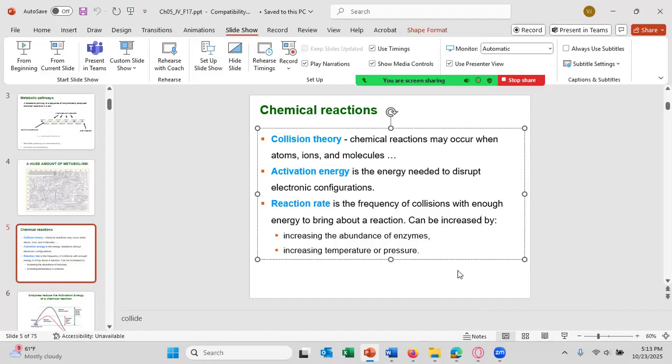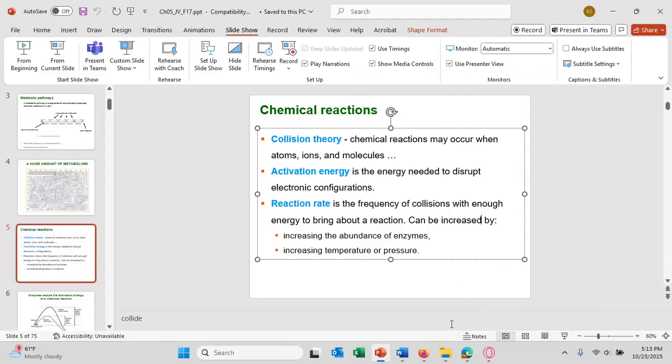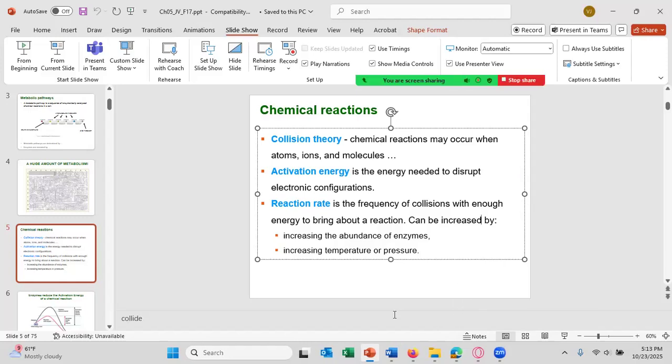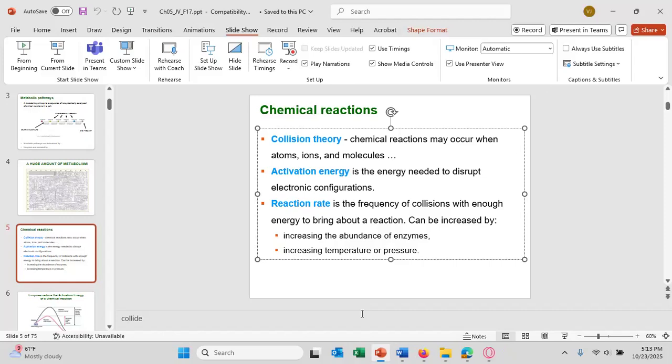The energy that's needed for the chemical reaction to proceed, we call the activation energy. The energy needed to disrupt the electronic configurations in the starting molecules to make the products.